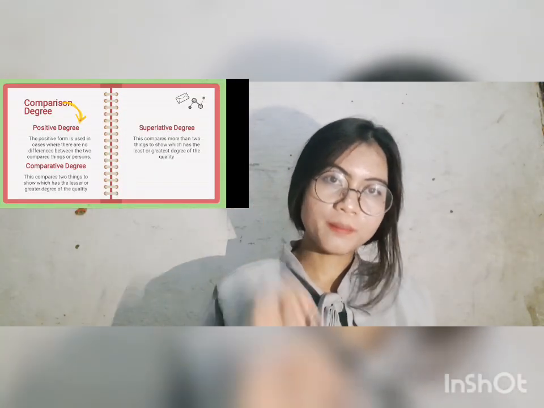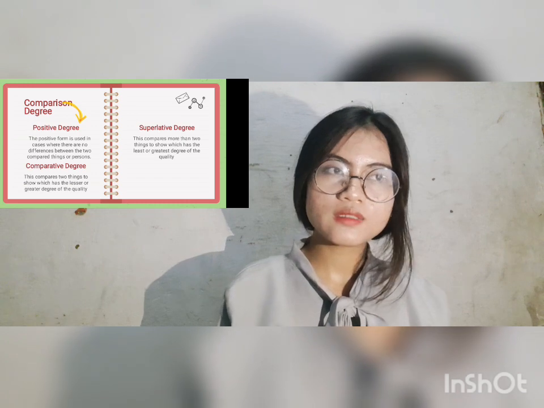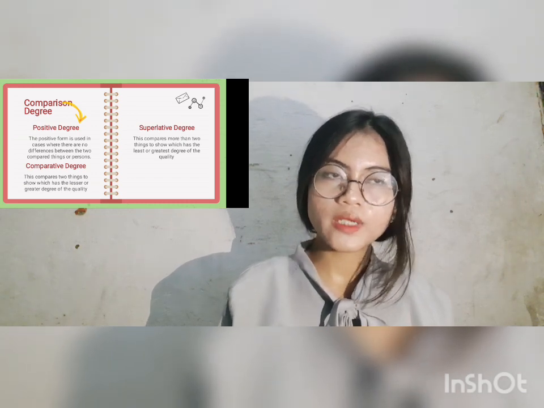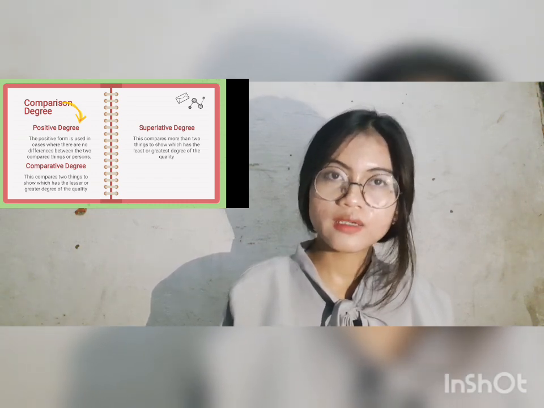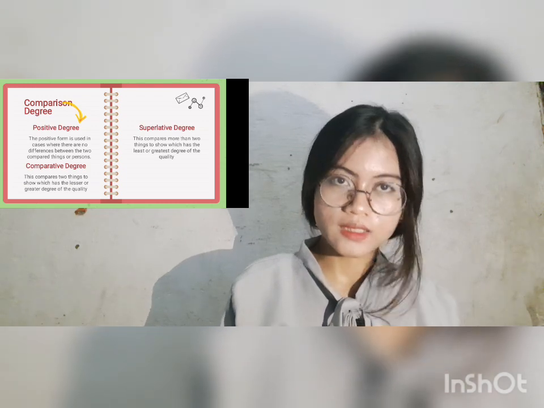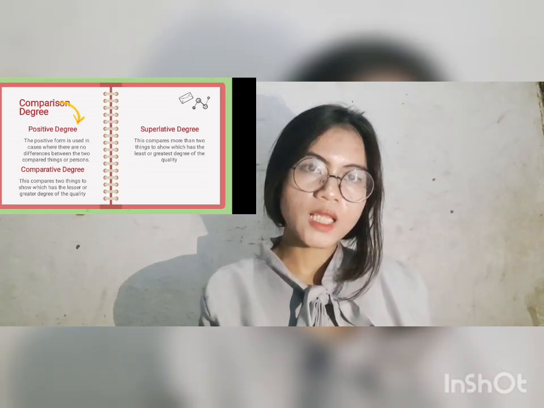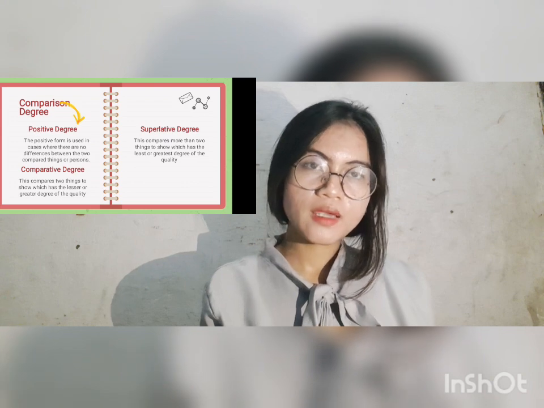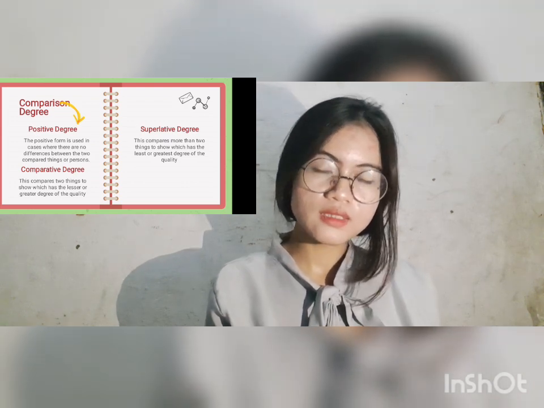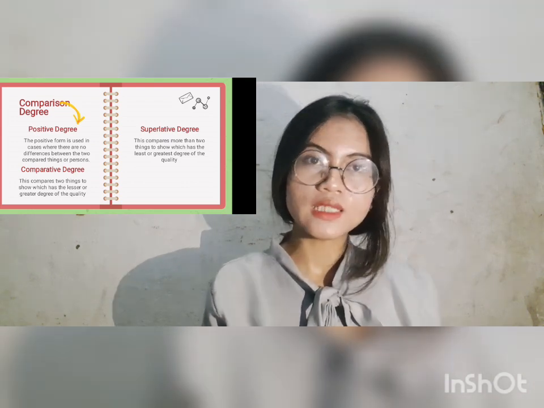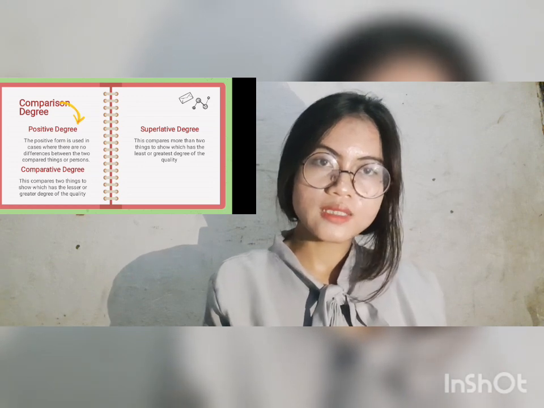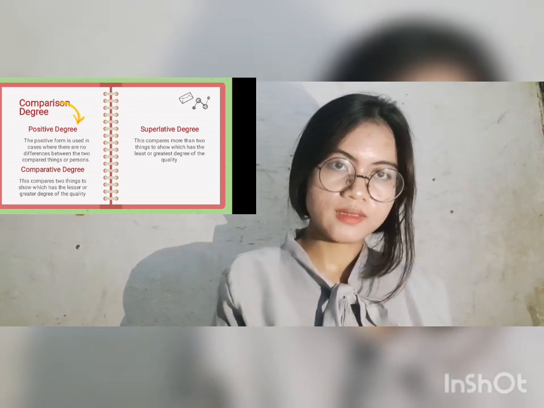Second, comparative degree. This compares two things to show which has the lesser or greater degree of the quality. And the last is superlative degree. This compares more than two things to show which has the least or the greatest degree of the quality.